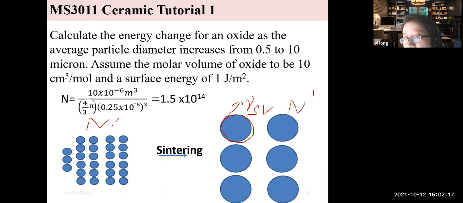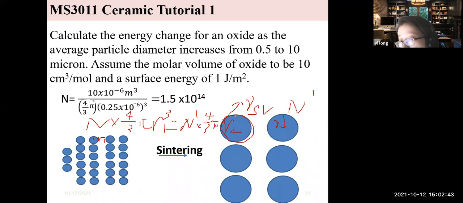So n times 4/3 pi R1 cubed, if the smaller one is R1 and this is R2, equals n prime times 4/3 pi R2 cubed. Because this is the volume of each particle times the number, before and after.